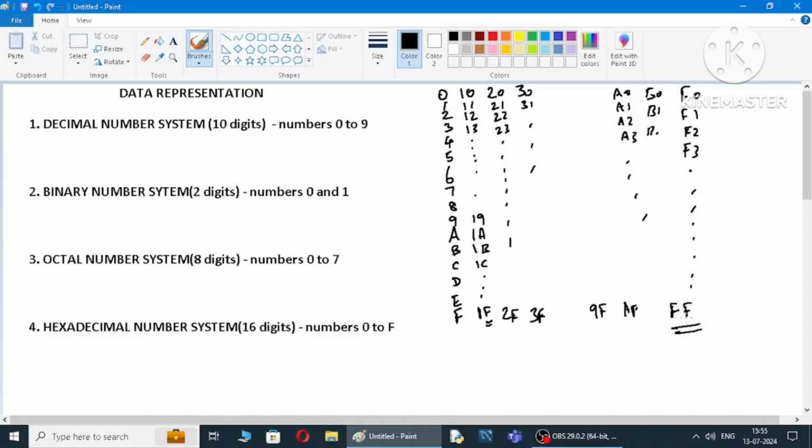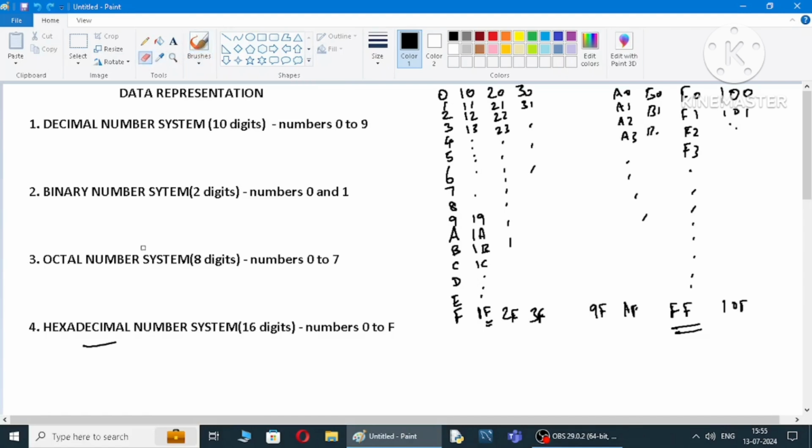This is the biggest two-digit number in the hexadecimal number system. After this we will have 100, 101, 102 up to 10F. Then it goes on like this. So this is how you fill in a sequence of numbers in the hexadecimal number system.